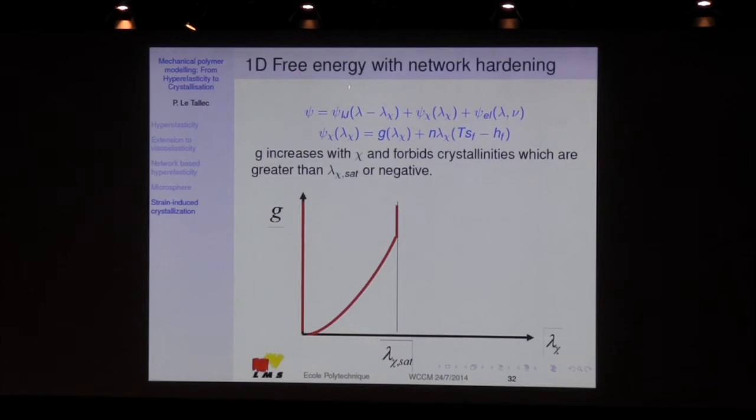And in the free energy, we have added some penalization in order to control the fact that the crystallization cannot be negative and cannot be larger than a given threshold, which is physically admitted in most cases.